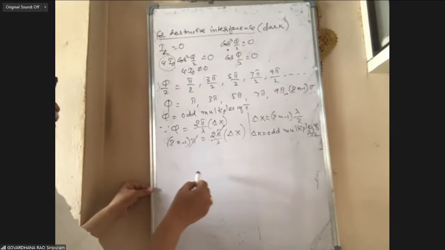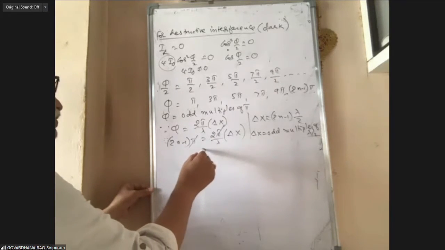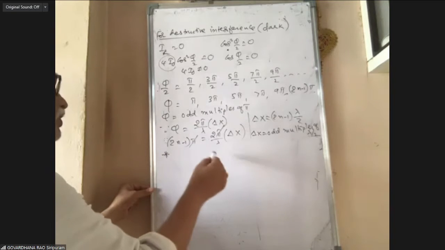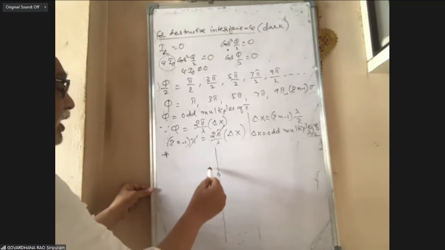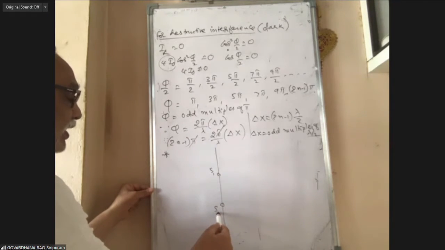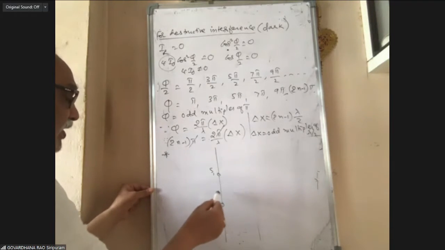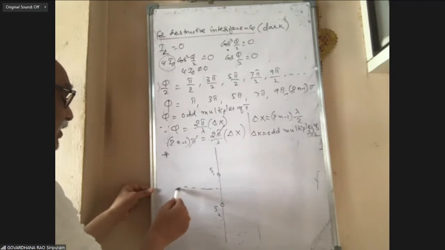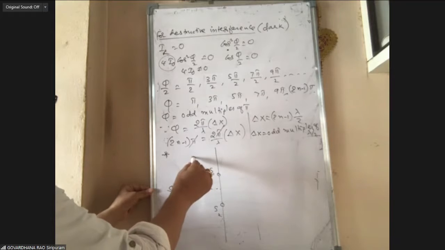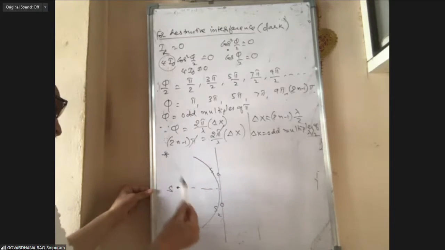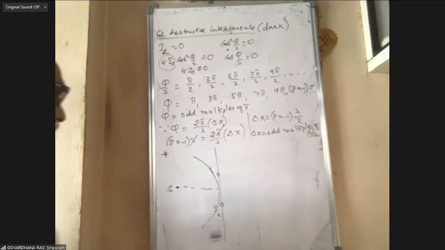See, you have got the relation. Now this is the two slits, S1 and S2, and the two holes in it. And this is a point source, a spherical wavefront coming and incident.